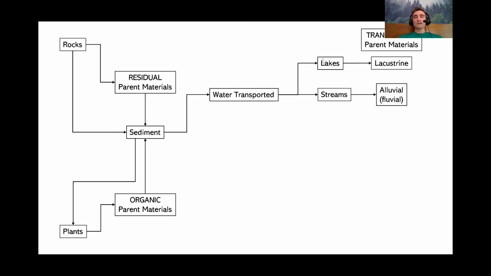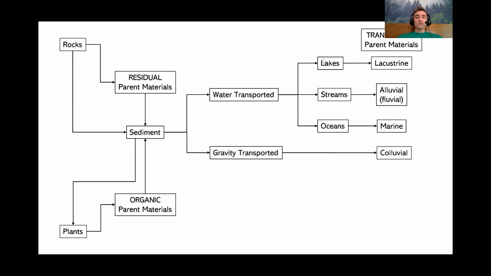If the water is transporting sediment and depositing it in a stream, we call that alluvial or fluvial parent material. And any sediment that's transported by water and settles in the oceans is called a marine parent material.